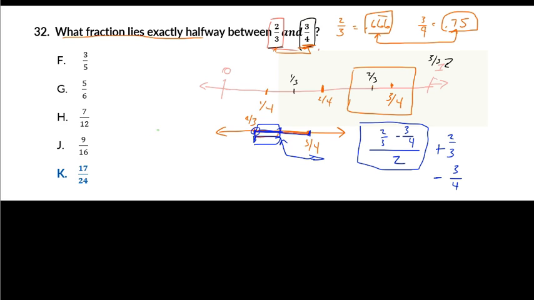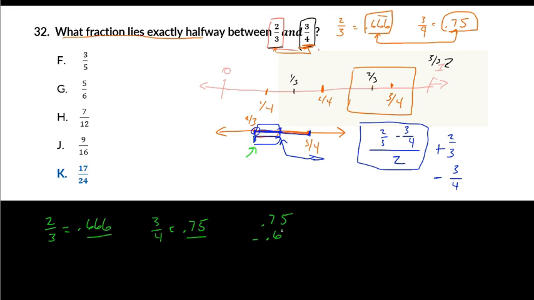You could also do this as a decimal, which is a very good way to do it. You're at 2/3. Make that into a decimal. That's 0.666. Your other point is 3/4. Turn that into a decimal. That's 0.75. And you could do the same thing that I talked about right here. Find the delta, the difference between those two, 0.75 minus 0.666.